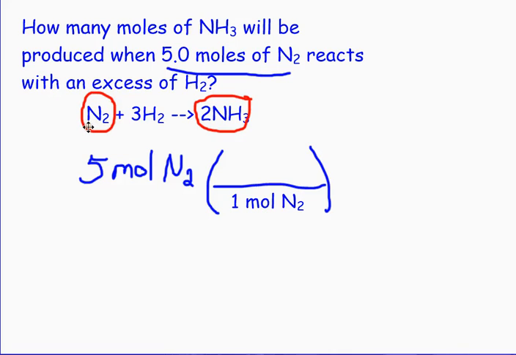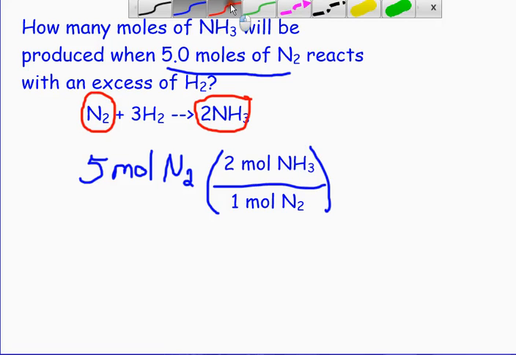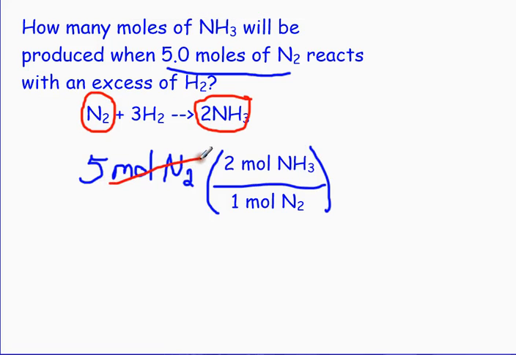And what I'm trying to find, moles of NH3, is going to go on the top with its subscript. So 2 moles of NH3 on the top. Moles of N2 on the top cancel with moles of N2 on the bottom, and I'm left with moles of NH3, which is what I'm looking for. And then plugging in, I have 5 times 2 divided by 1 gives me 10.